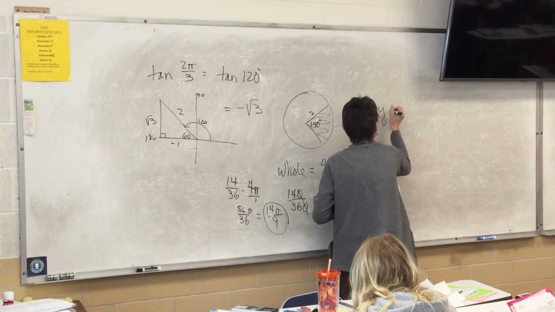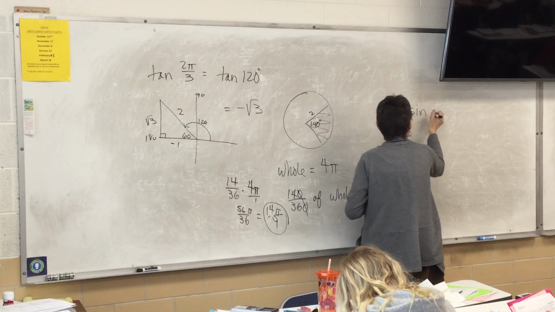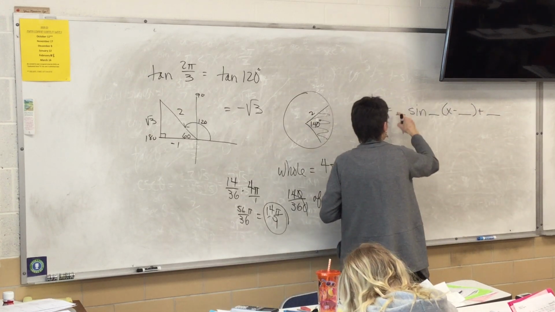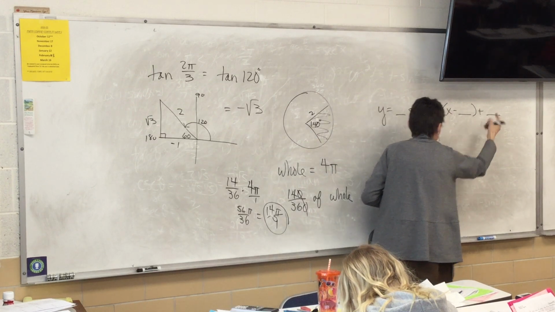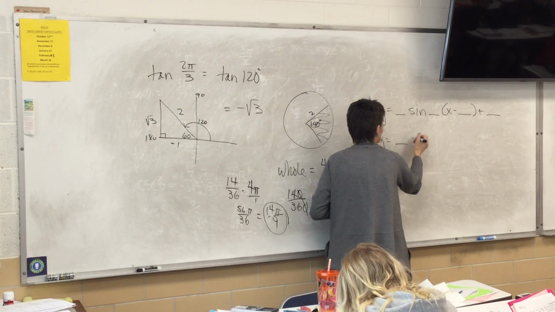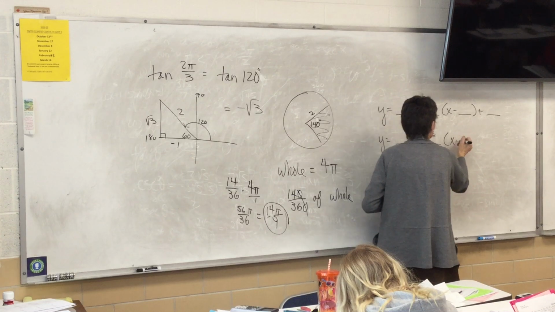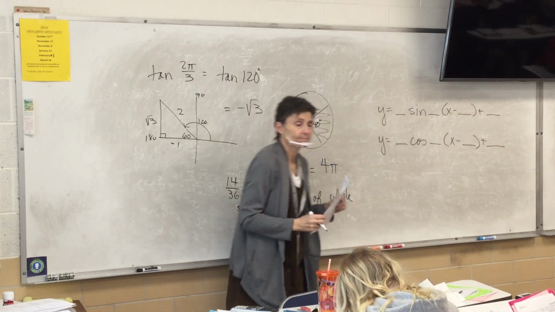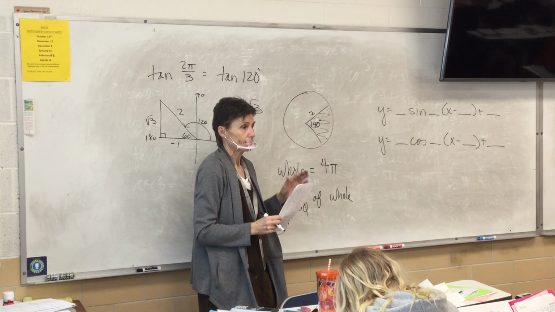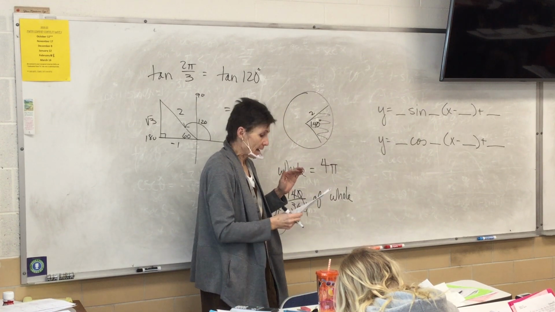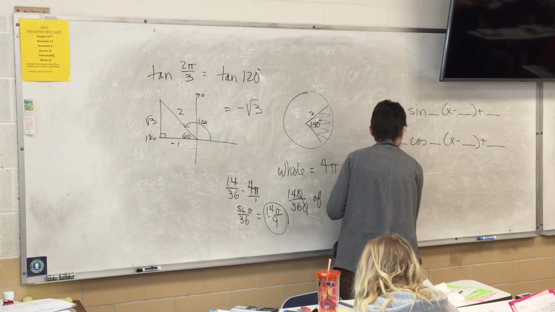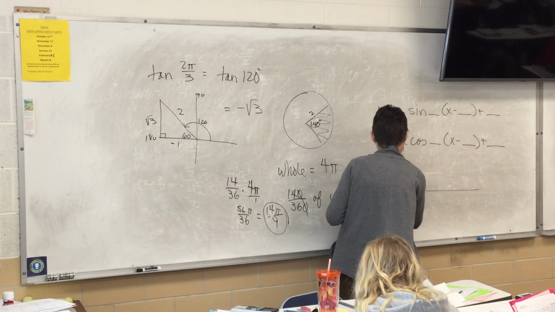So remember that a sine equation has 4 potential numbers in it, and so does a cosine. Now look at the picture that I drew here in the paper.